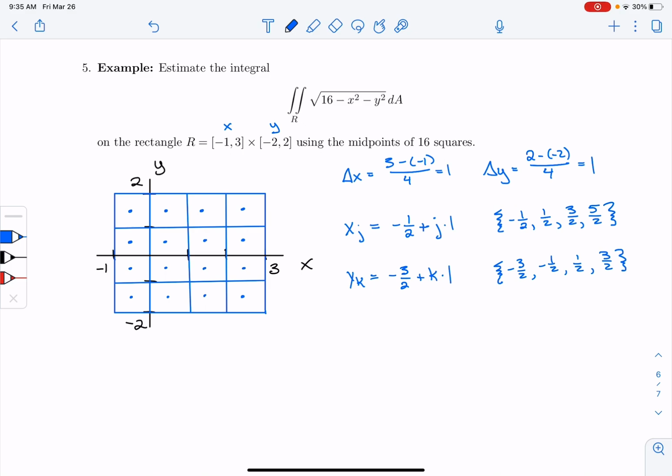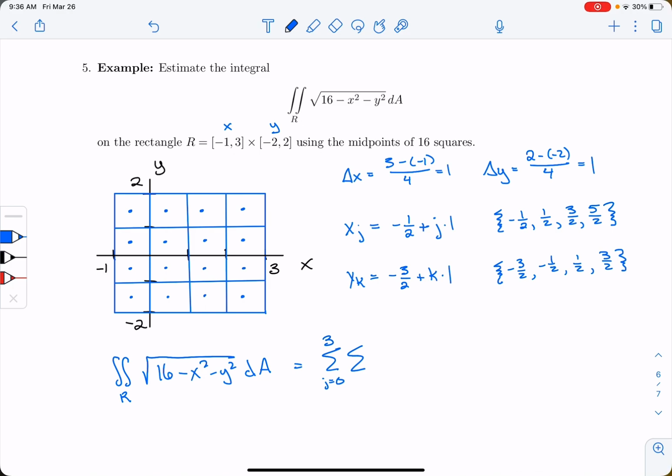So if we're going to estimate that double integral of my function, the square root of 16 minus x squared minus y squared dA, then what we're going to want to do is a double sum. j, the way I've indexed it, will go from 0 to 3.